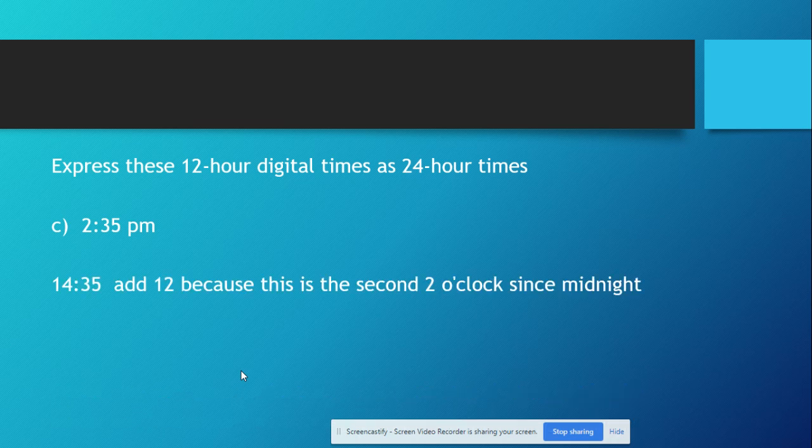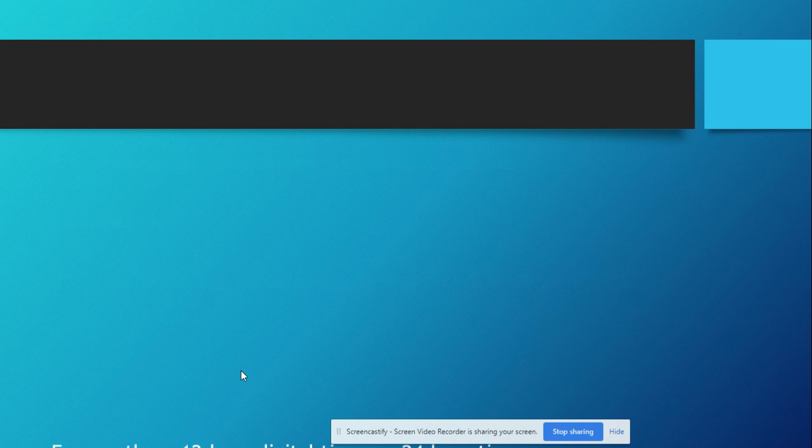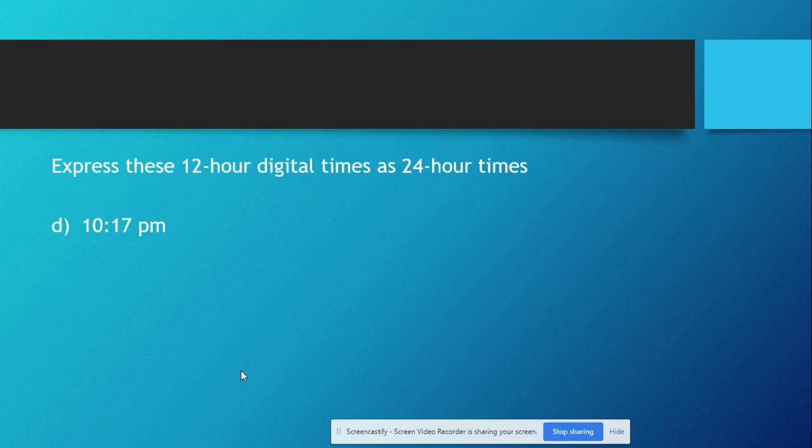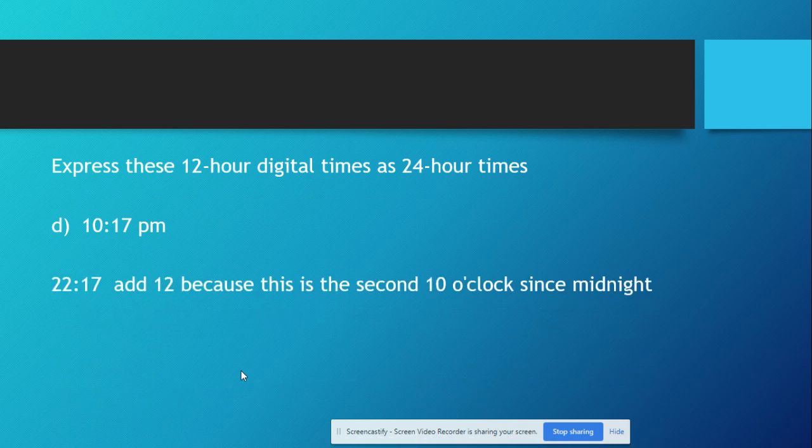So it's 14:35. You add 12 on because it's the second 2 o'clock you've had since midnight. So you had midnight, 2 o'clock in the morning. Now this is your second 2 o'clock. So you actually add on 12 hours to it. And then the last one is the same, also in the evening. So you add on 12 because it's the second 10 o'clock, and you get 22:17.